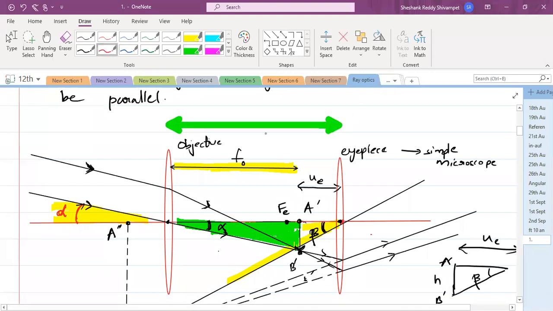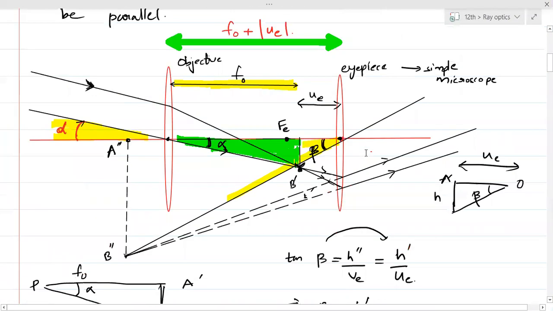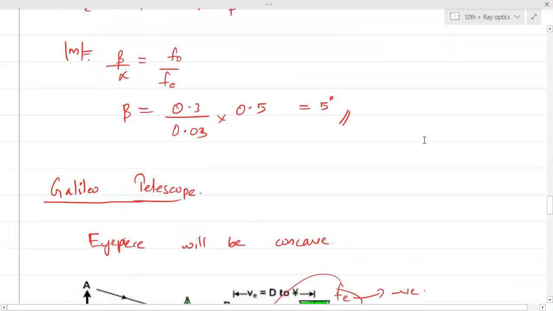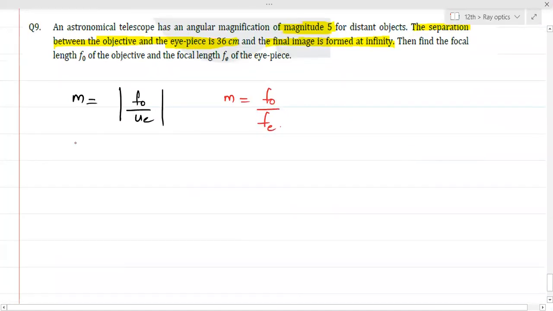It is normal telescope के लिए f naught plus mod of UE. So if I make use of that, length of the telescope, f naught and UE here is equal to Fe because the final image is at infinity.